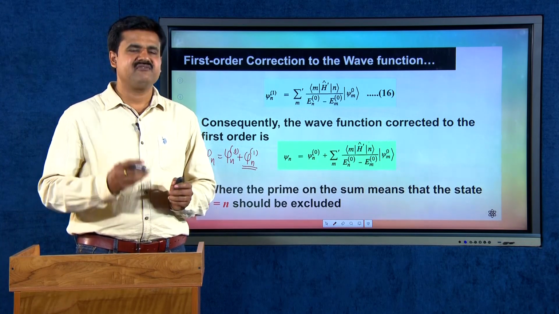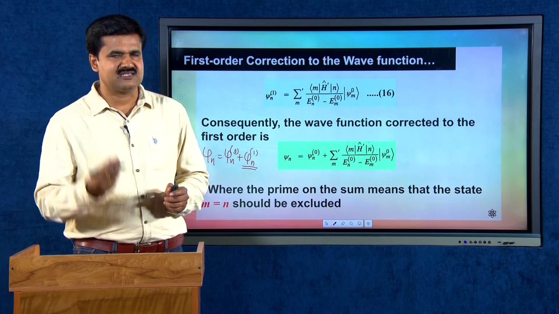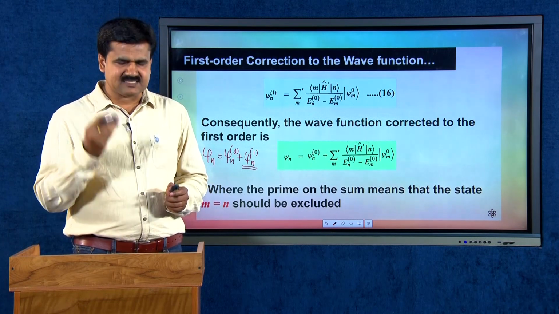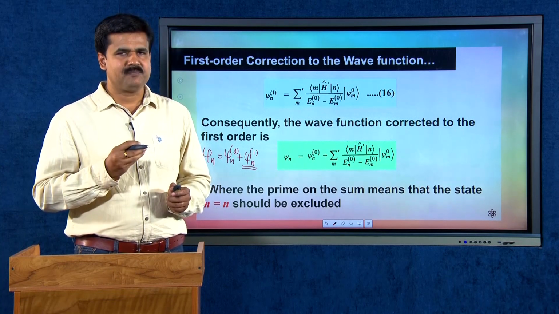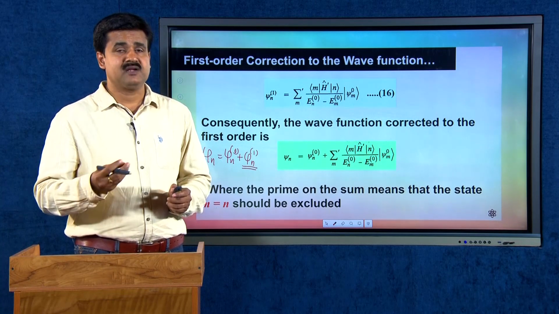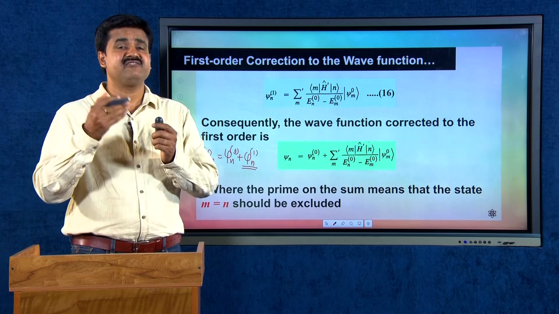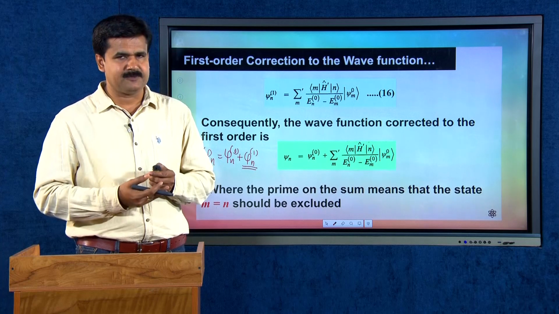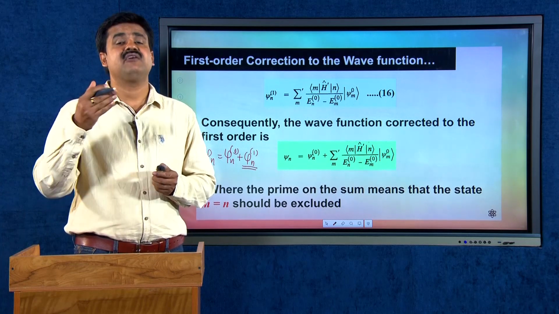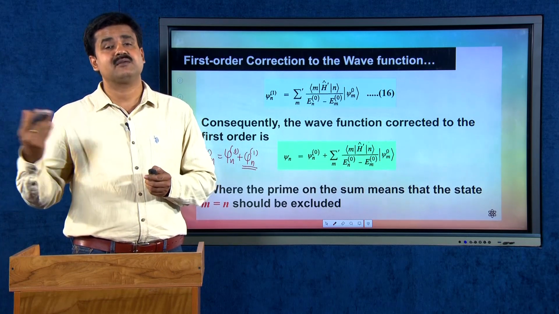In conclusion, we have to say some important points also. Perturbation theory express the solution to one quantum mechanical problem in terms of other problem. That means we must have a reference problem which is already previously solved. Based on that, we have to find a solution to an unperturbed problem.